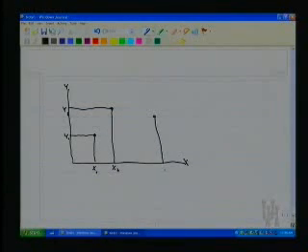And when X is X3, Y equals Y3. Yes? So that these coordinates are in the first instance X1, Y1, in the second instance X2, Y2, and in the third instance X3, Y3. Yes? Are there any questions?